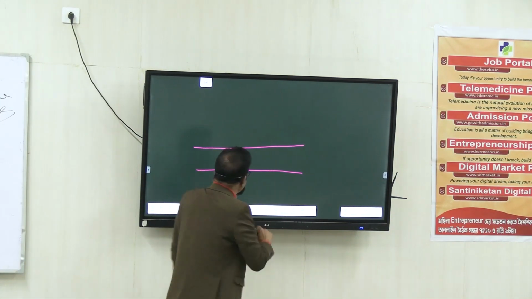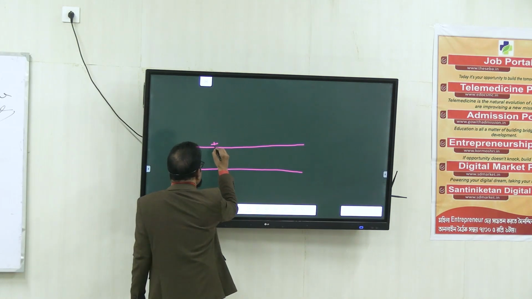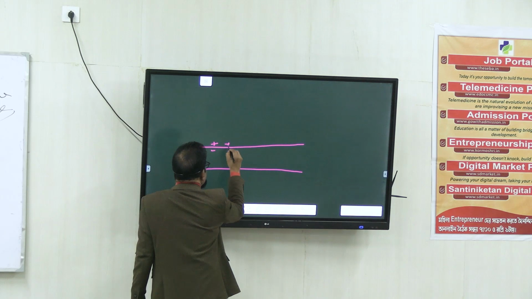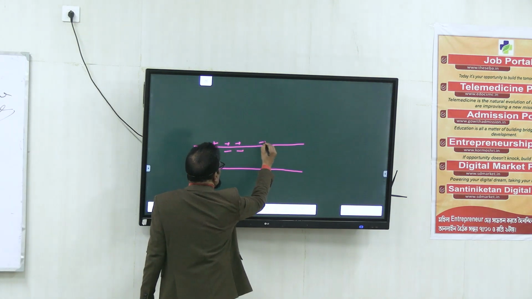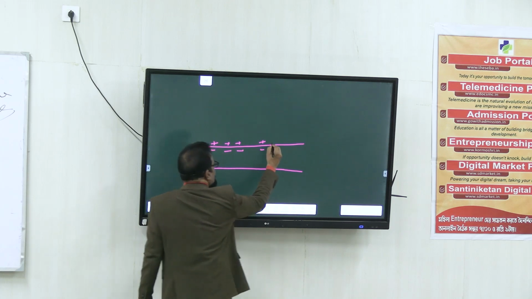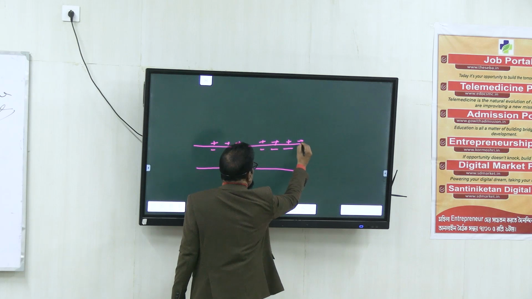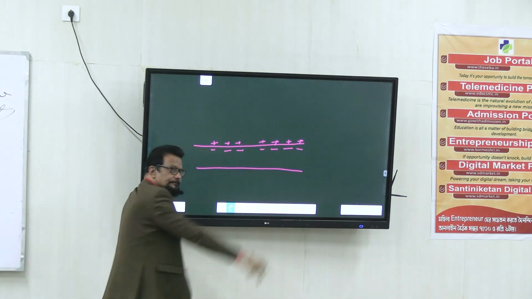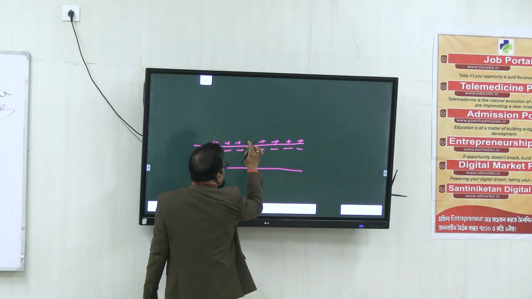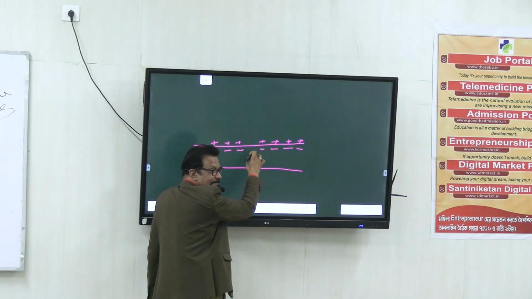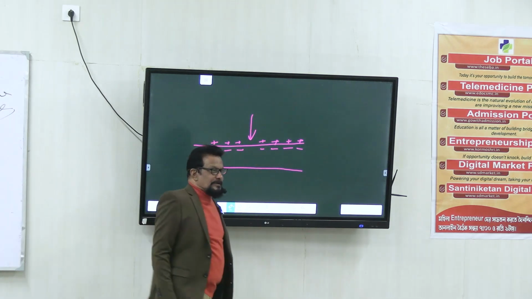Nerve, axon. Outside, positively charged, inside negatively charged. Similar thing here. Here also positive charge, negative charge. I put stimulation.